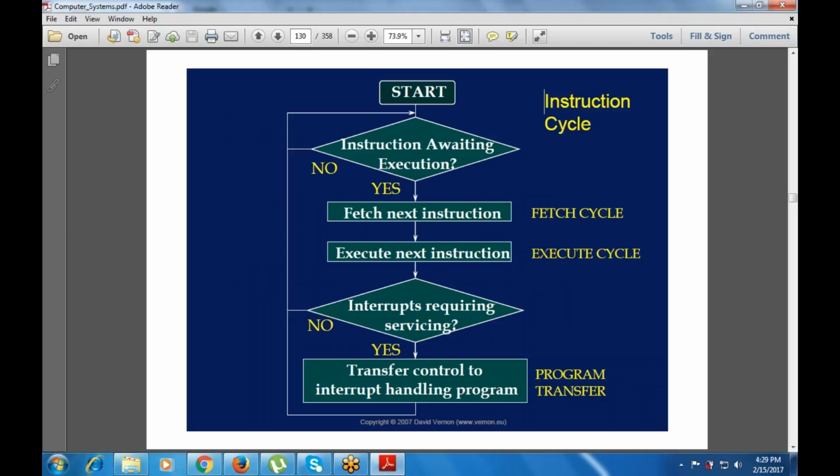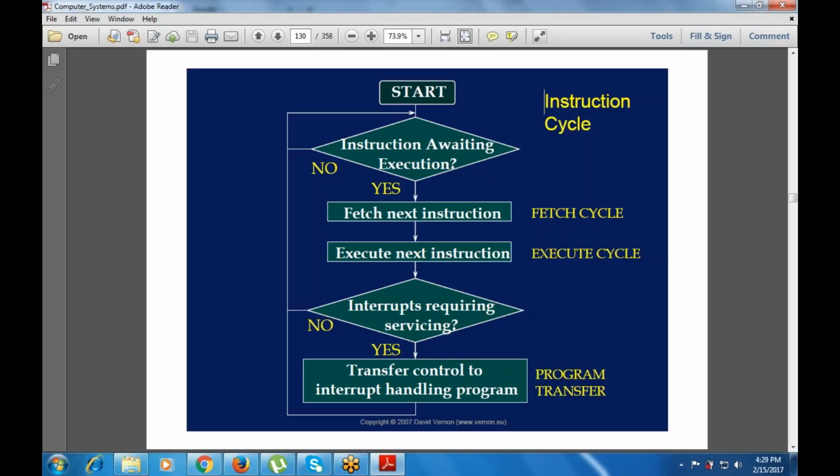This is the start, then the instruction awaiting execution. If yes, then fetch the next instruction, which is done by the fetch cycle. If no, then go back to the start. Then execute the next instruction, by the execute cycle.